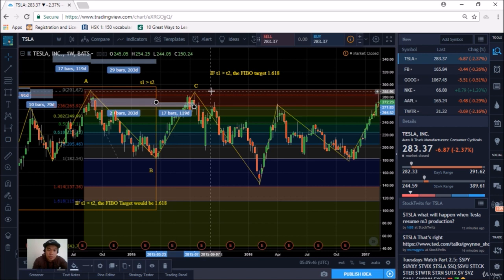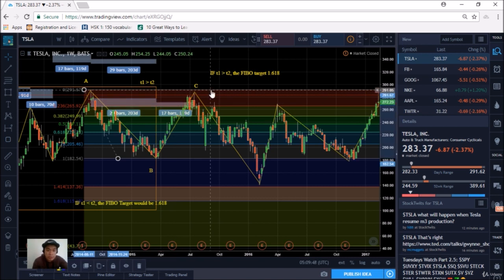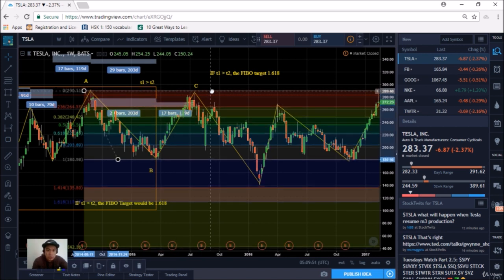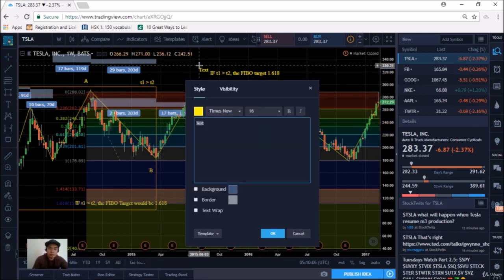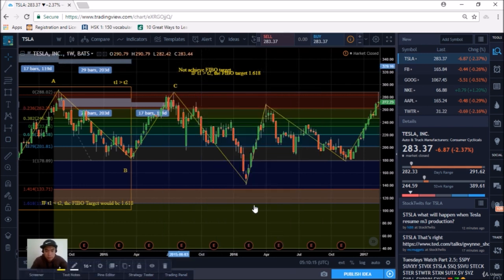We have to drag this Fibonacci to the new C line, from A to C. Now we can see that the target 1.618 is far beyond, not achieved. You have to remember, not achieved Fibo target.